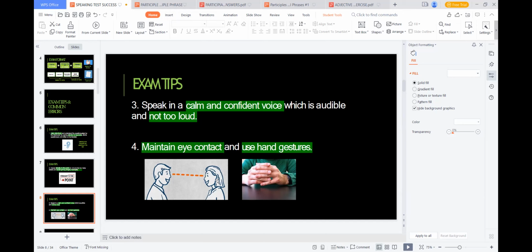Even when you are not able to elaborate a lot, your gestures will help you. If you have eye contact with the interlocutor and also your partners, your confidence level is uplifted.